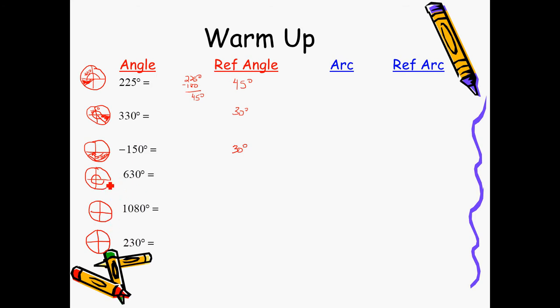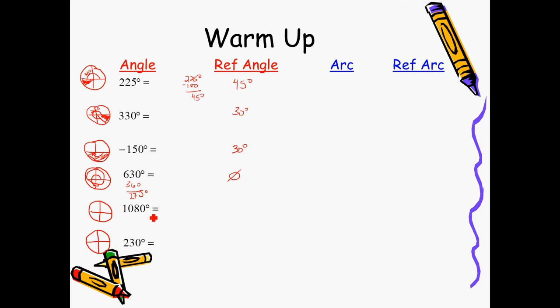Now how much more do I have? It's 270, right? So I'm going to go all the way around here. There's 630, but since that's a boundary, there is no reference angle. No reference angle if you're on a boundary.